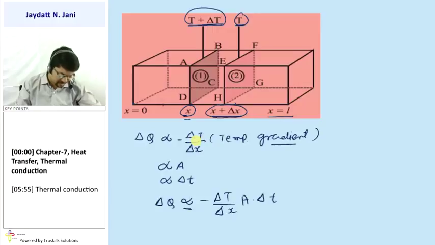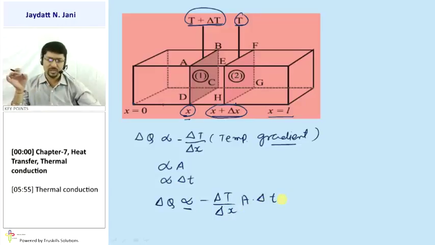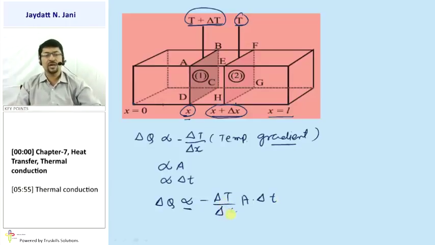As well as the change in heat is also proportional to area, as well as small delta t, a time interval. So delta Q is proportional to minus delta T by delta x, A into small delta t. Small delta t is the change in time. Delta capital T upon delta x is how temperature changes with respect to length.